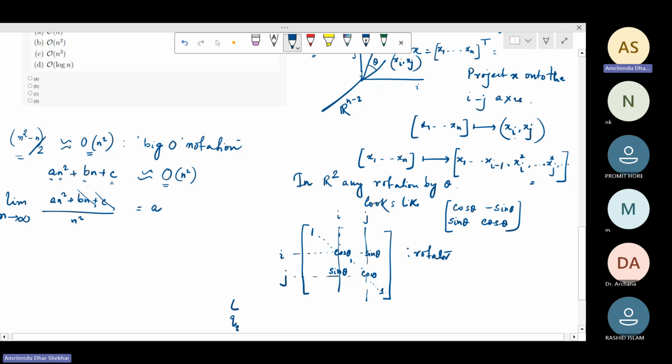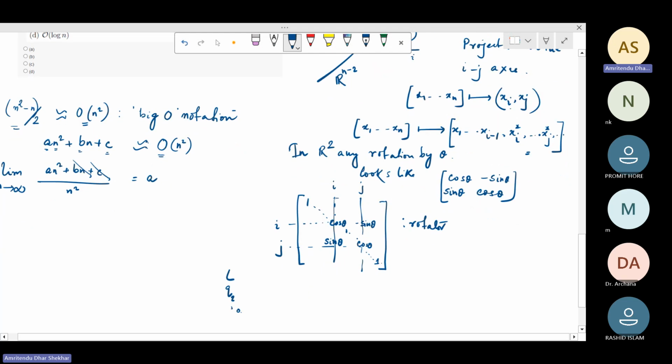Let me write it over here in case you're not familiar with it. We say f of n and g of n have the same complexity.